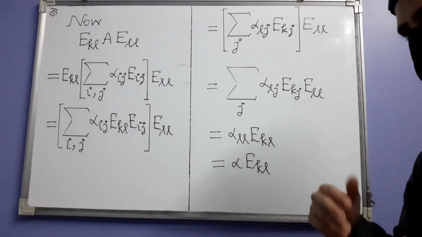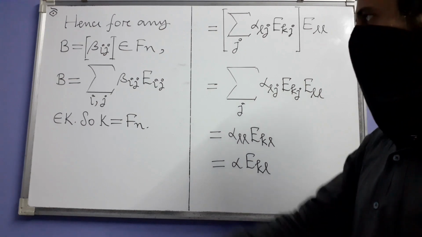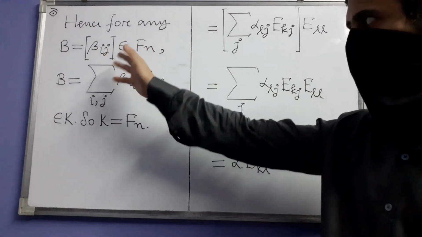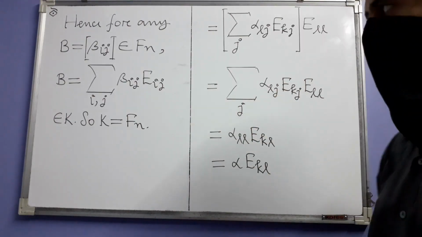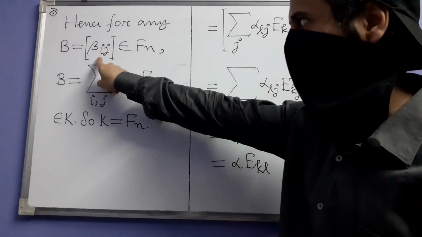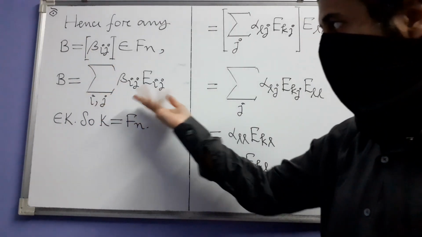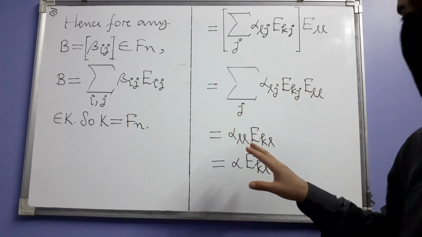And now how can we use all these things? So finally we take any matrix B in Fn. There is no restriction on B. B is just about any matrix, any element of Fn. And say its ith row jth column entry is beta ij. Then you can express B like this. And what did we find just now?